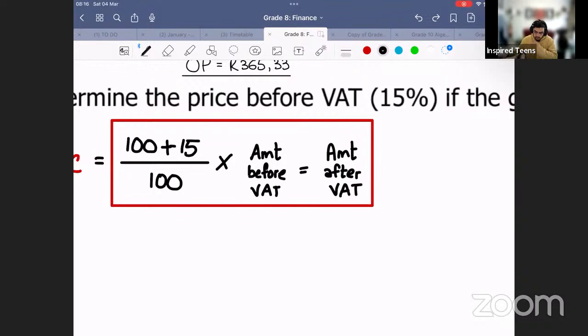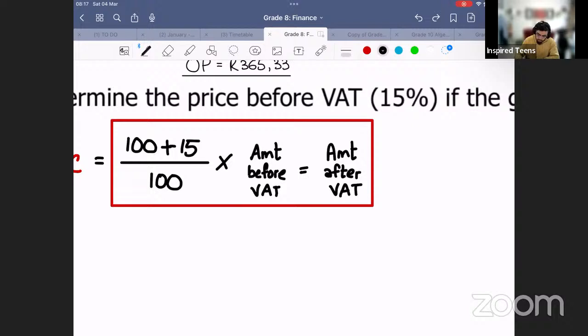In this specific case, it's amount before VAT. So this fraction is going to help me calculate the percentage increase. I'm multiplying it by the amount before VAT, because remember, whatever item you are buying, this is the amount without VAT. When you multiply it by this fraction, it's going to give you the amount after VAT.